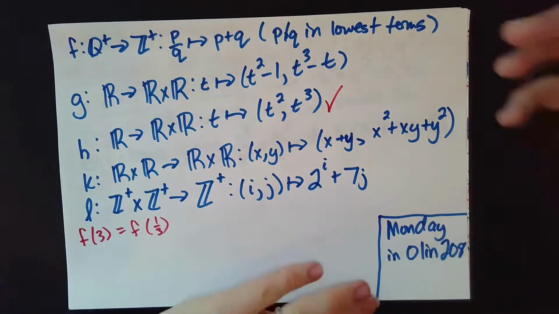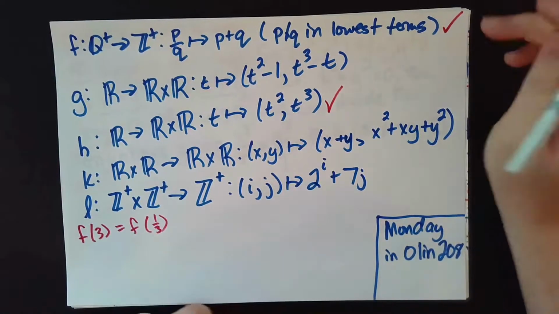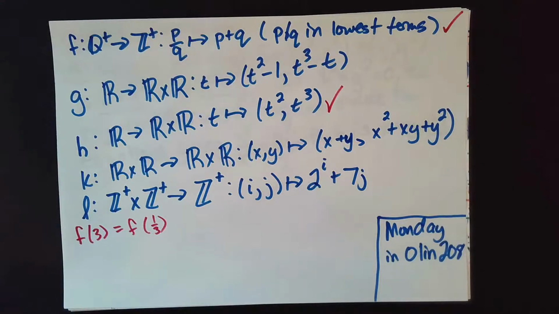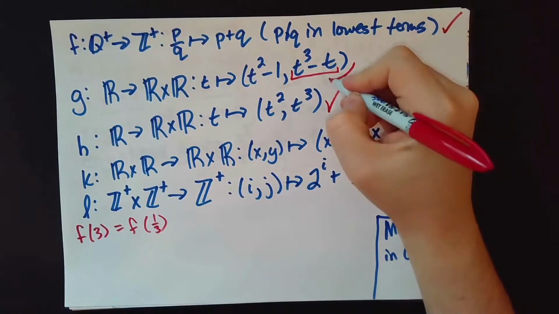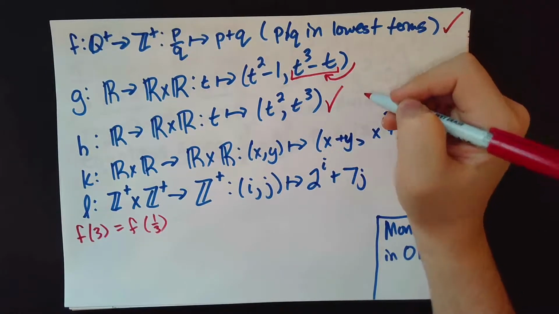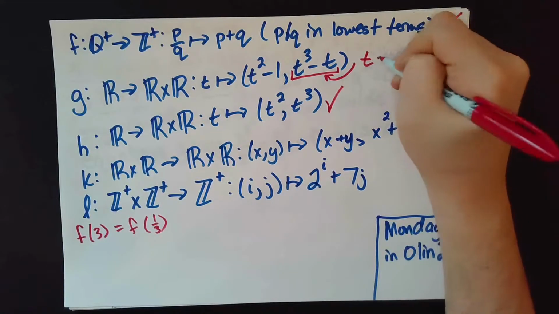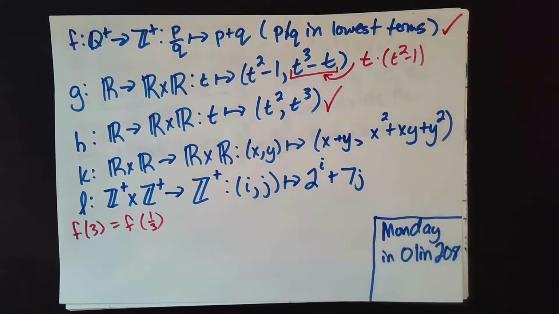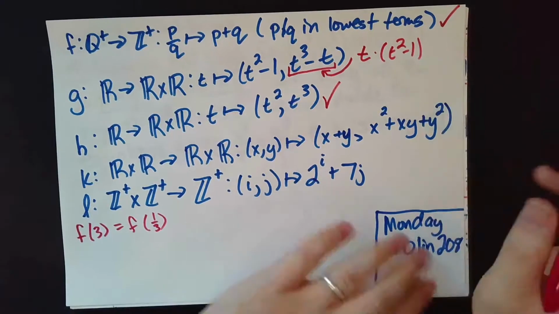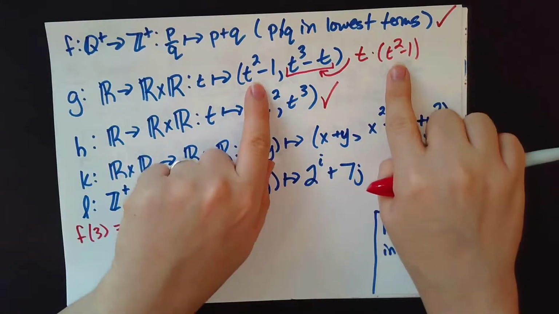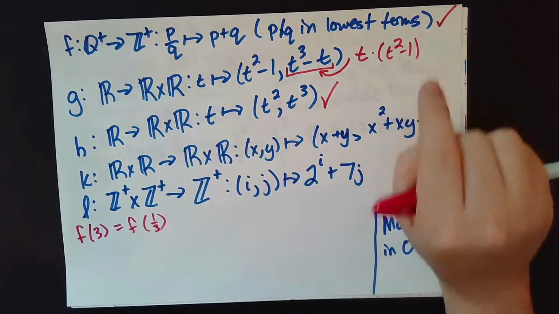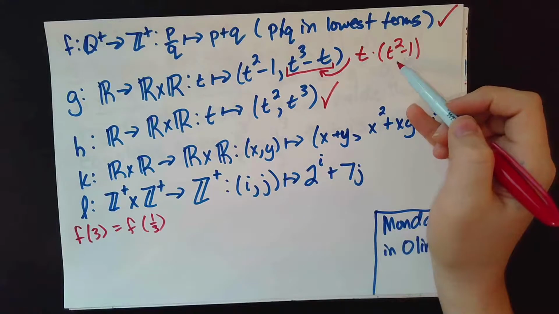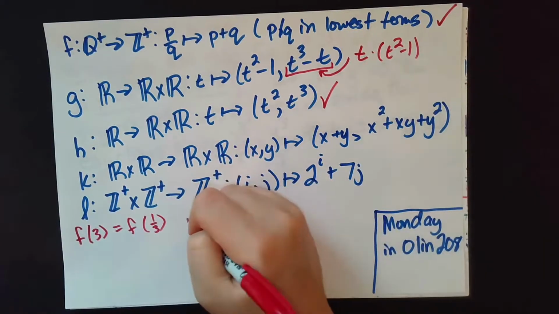I think G is actually the hardest of these to find the example of. But if you look at this t cubed minus t, you might raise an eyebrow at the fact that t cubed minus t is in fact exactly t times t squared minus 1. And so if you choose a t that will make t squared minus 1 zero, it will in fact also make t cubed minus t zero. And so namely that means plus and minus 1 are the options.